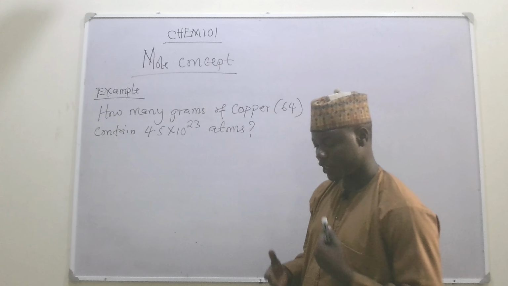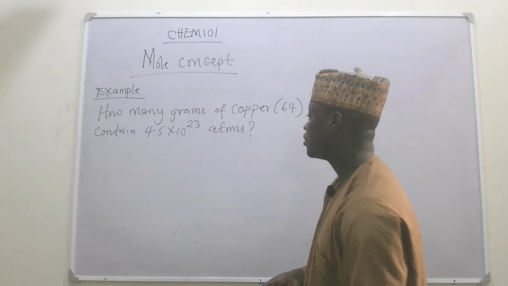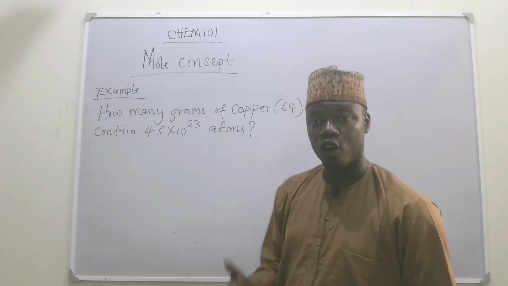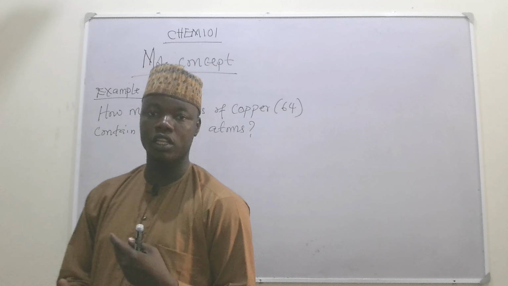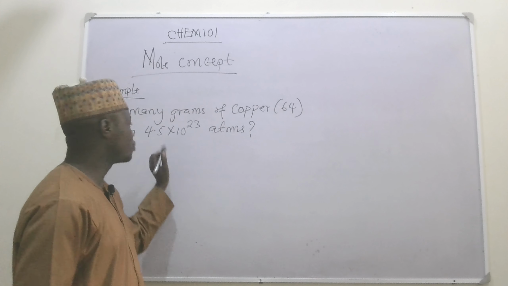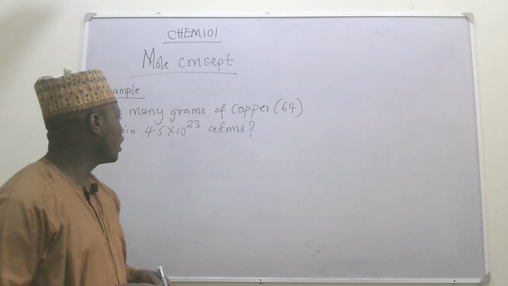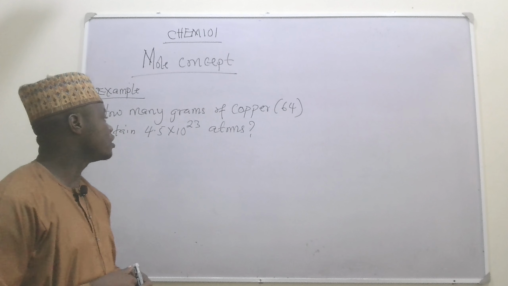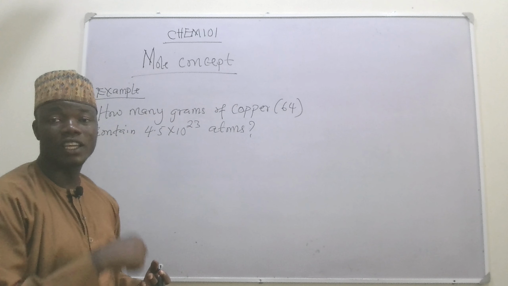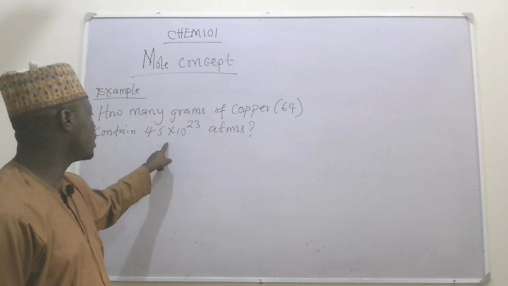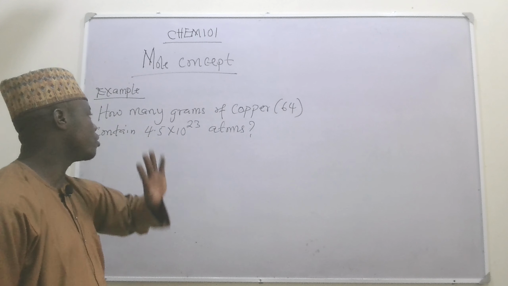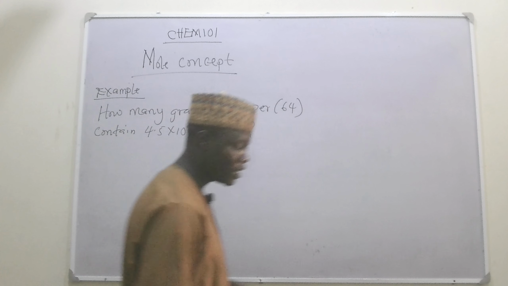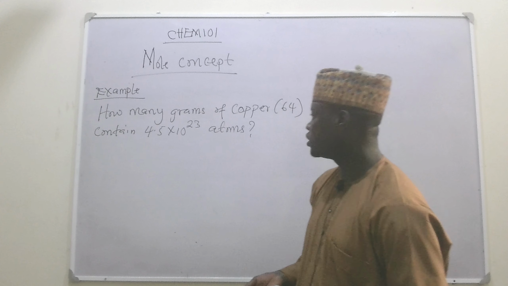So in this case, you already have the number of atoms, but you don't know how many grams of copper contain this 4.5 times 10 raised to the power of 23 atoms. I think there are two ways that you can do the calculation.